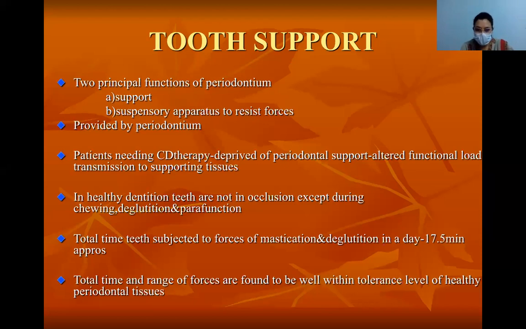In healthy dentition, teeth are not in occlusion except during chewing, deglutition, and parafunction. Total time teeth are subjected to forces of mastication and deglutition in a day is approximately 17.5 minutes. The total time and range of forces are found to be well within the tolerance level of the periodontal tissue.